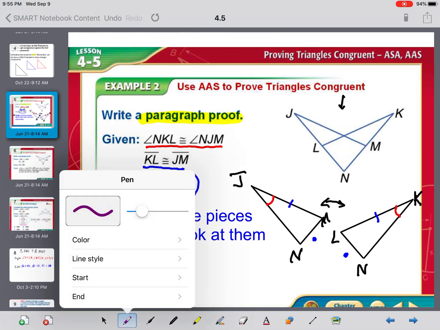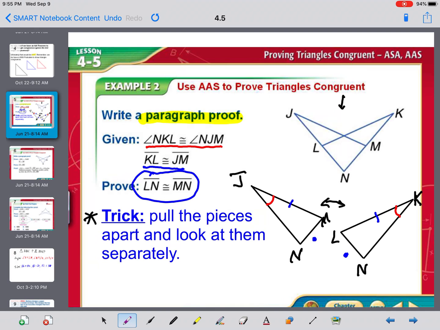They want us to prove those two things are congruent. Well, if I somehow could prove the two triangles are congruent, then it wouldn't be too bad to say corresponding parts of congruent triangles are congruent, and we'd be in good shape. So that's sort of my plight, or my mission, is to somehow prove the two triangles are congruent.